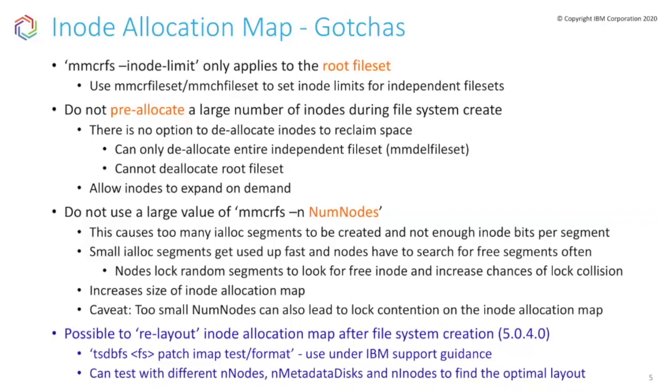There is an option where you can do a full scan of the inodes, the actual inode structures on disk, and figure out from that how many of those inodes are allocated in case you need that kind of statistics. So you can do that as part of mmlsfileset -i.